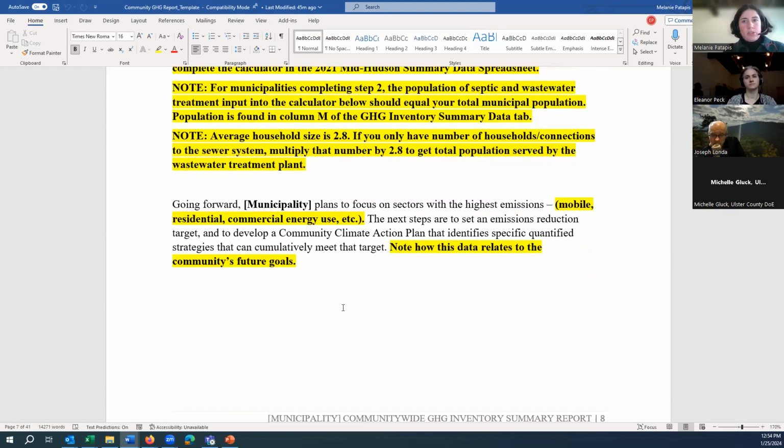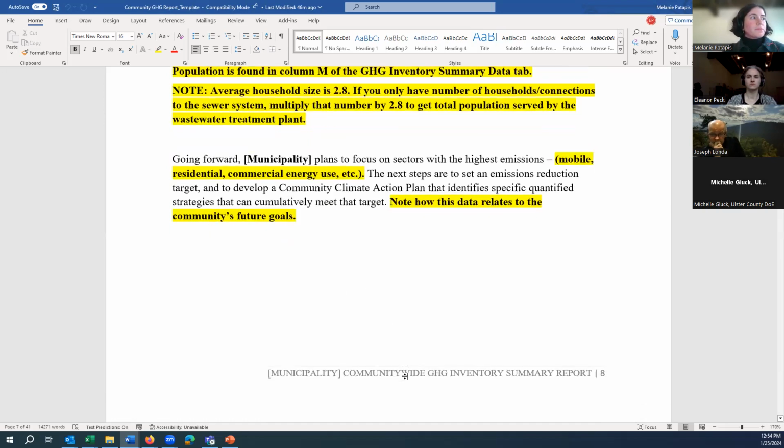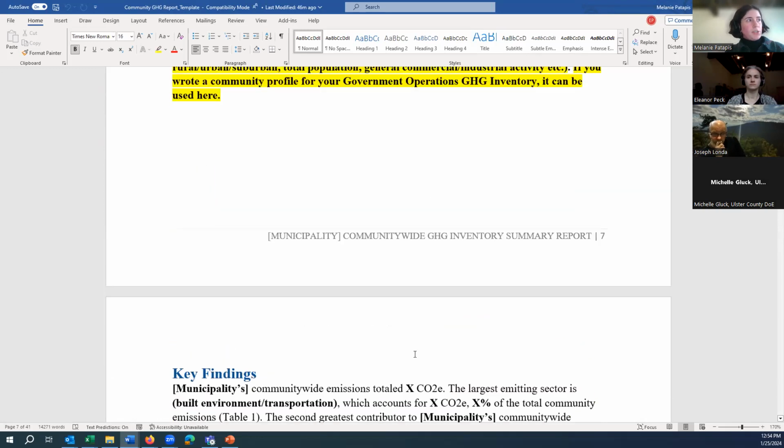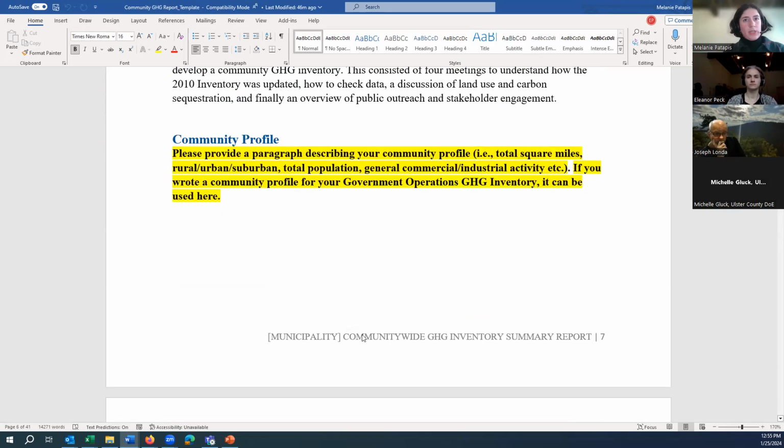And this section should also highlight any future goals that your community has, and then the actors that you want to engage to start to lower these emissions. So these are the 2 pages, these are the instructions that you have to follow, and the rest of this document are the methods that comply with the Climate Smart requirements. Any questions about this?